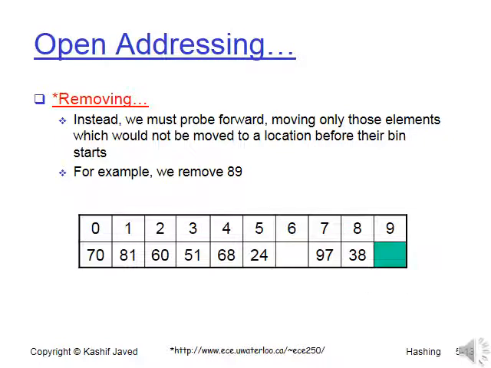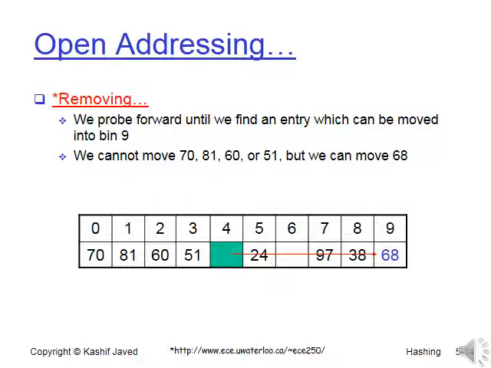Instead, we must probe forward, moving only those elements which would not be moved to a location before their bin starts. For example, we remove 89, which was at bin 9. We probe forward going from index 9 to index 0 until we find an entry which can be moved into bin 9.